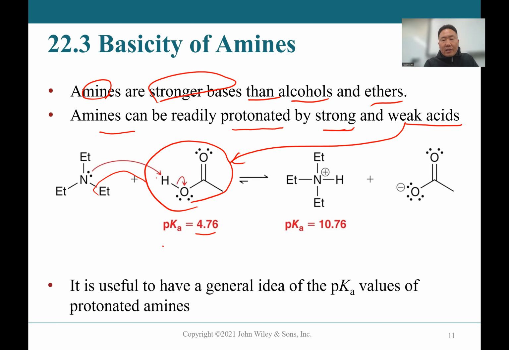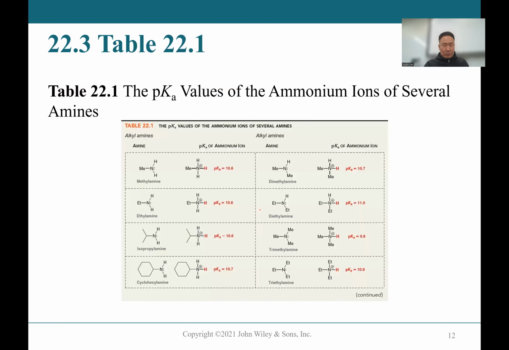It deprotonates to generate the protonated amine, whose pKa is 10.76. So this is used to give a general idea of the pKa value of a protonated amine. You can check the pKa values of the ammonium ions of several amines.